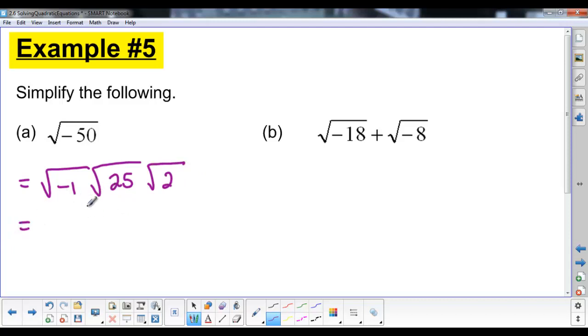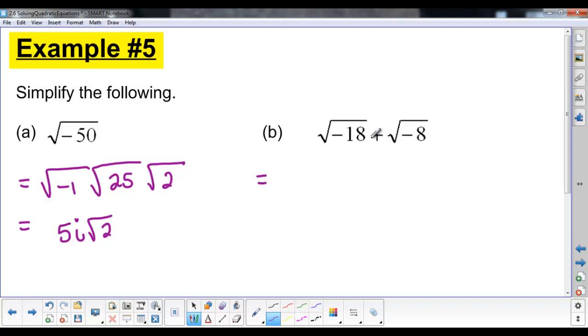And the reason I picked 25 is because I can figure that out in my head. The square root of 25 is 5. So what we end up with is 5i because of the square root of negative 1, and then just root 2. And that's it.